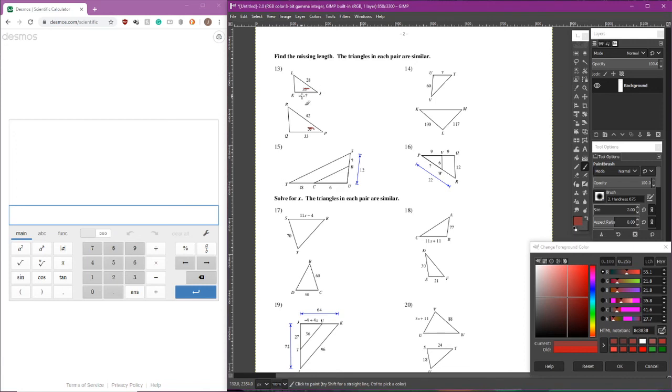If we say that KL is the small side and KJ is the medium side, then JL would be the long side, small, medium, and large. And then if we come over to this one, here's the small, QP would be the medium, and PR would be the large. Make sure, just like before, that you match up the same thing.